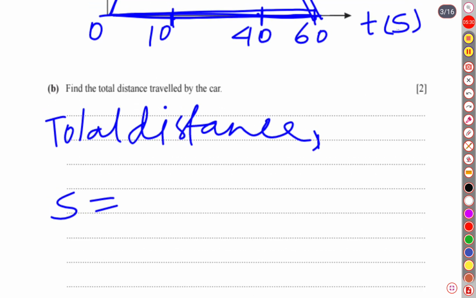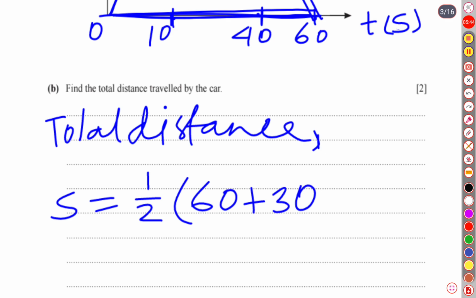Total distance is going to be half of the sum of the parallel lines. First parallel line continues 0 until 60, so this is 60, and the smaller parallel line was 30, as I have shown. That means the length of the line when the car was at a constant speed, then into vertical distance, perpendicular distance between these parallel lines, that means the velocity was 20.